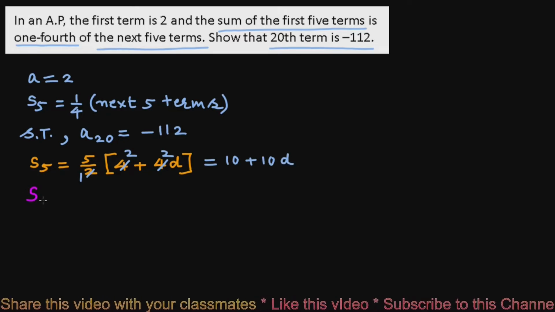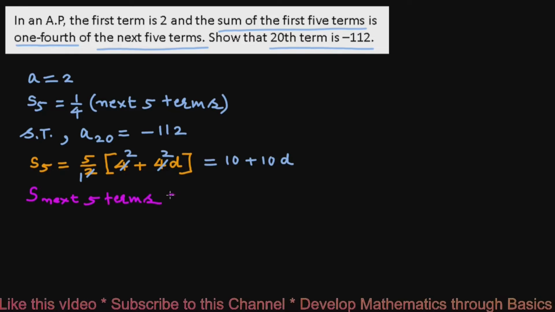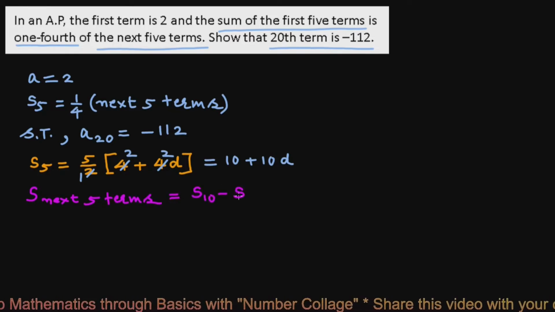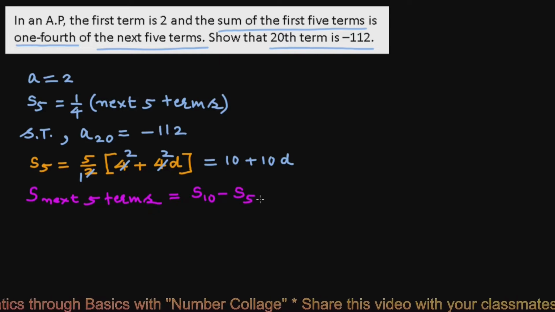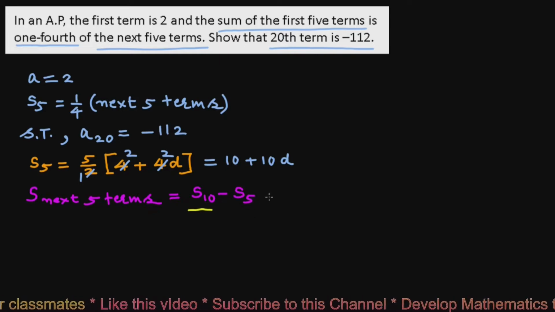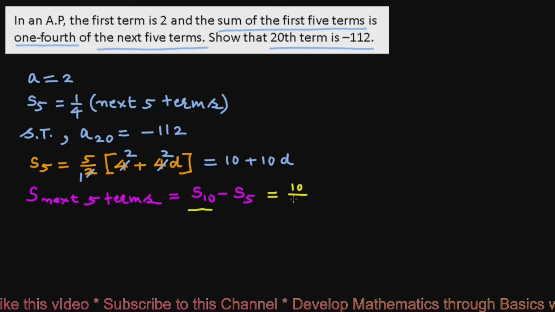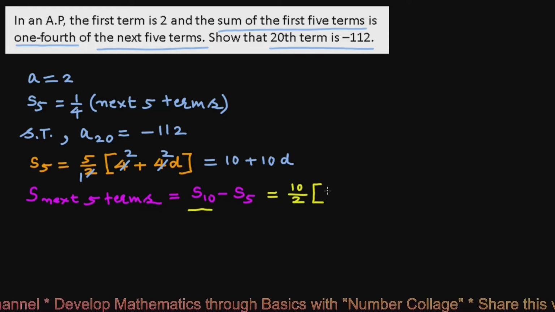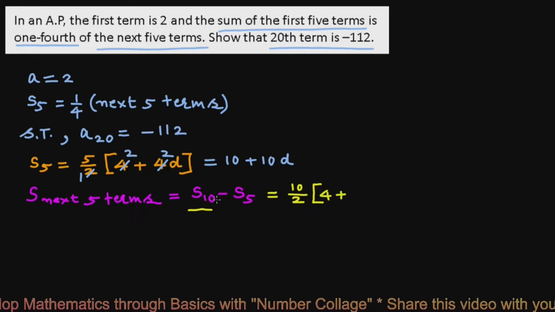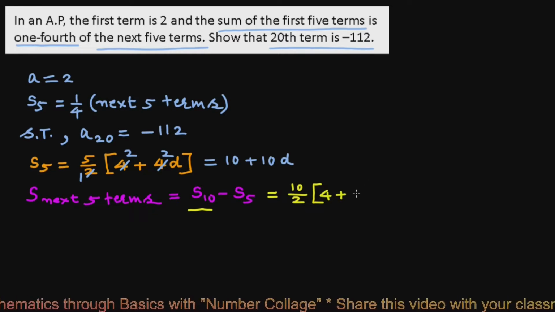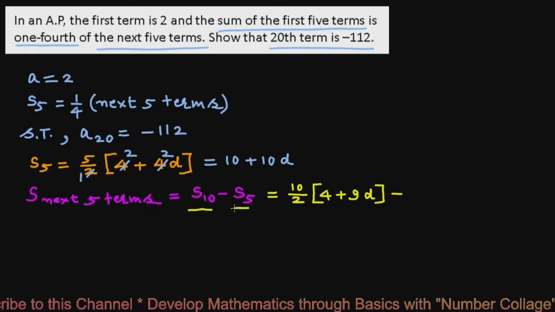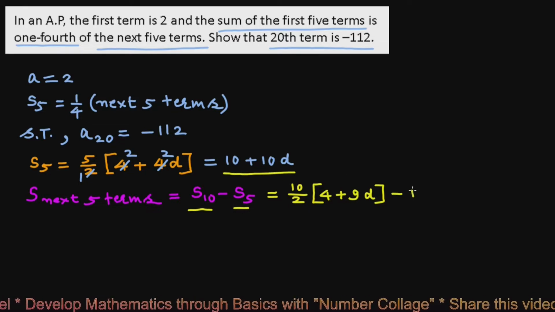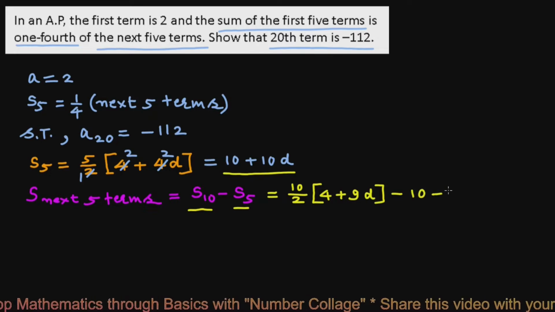Now the sum of next 5 terms will be the sum of 10 terms minus the sum of first 5 terms, S5. Now S10 will be equal to 10 by 2 into 2a, so that will be 2 2s are 4 plus n minus 1, that is 10 minus 1, 9d, minus S5, which we have found over here, so that will be minus 10 and minus 10d.